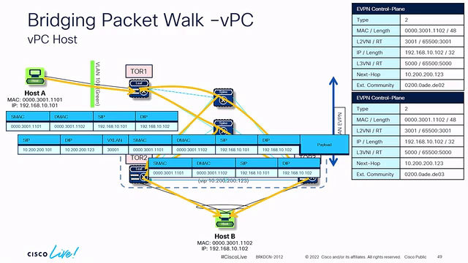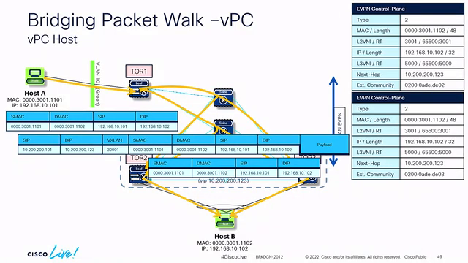And when we see how this packet is encapsulated, in this middle packet we see that the source IP and destination IP are IP addresses of the VTEPs. Our Tor1 has IP address 10.200.200.101, and our destination is the VPC domain with 10.200.200.123.